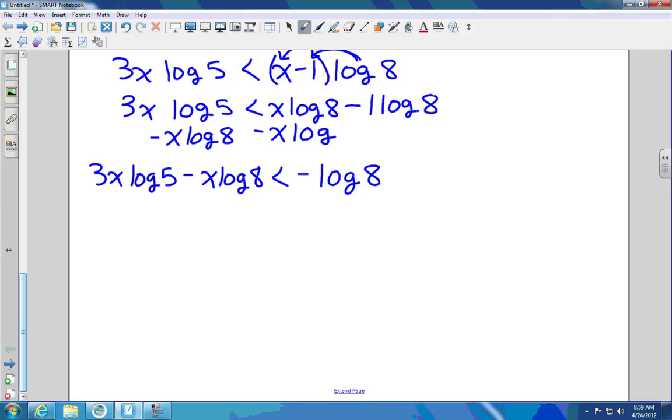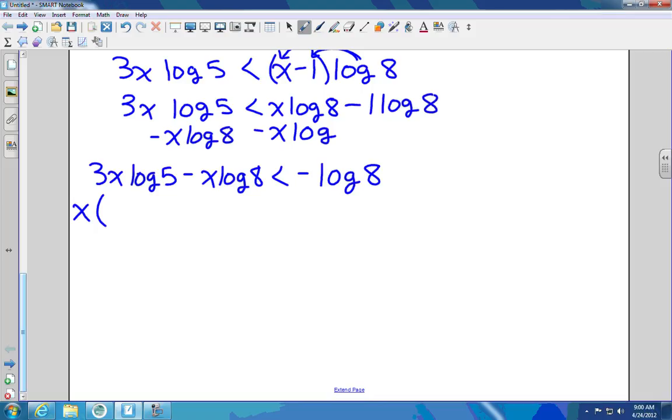And again, what's the goal? Get x by itself. What do these two terms have in common over here on this side? An x. So when something has it in common, what can you do? First step of factoring, we what? Take out a common term, and that's exactly what you're doing here. So we take the x out front, and we open a parentheses, you're basically factoring out an x.